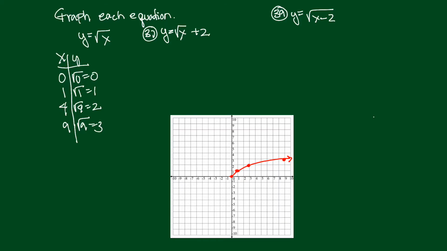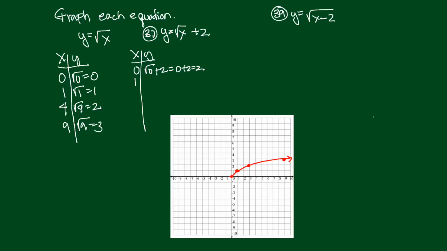Now let's take a look at this one here. Here's the basic one, right? So the output, the vertical, is the square root of the input, the horizontal, plus 2. So build a table. We don't have to do much here because we can see what it's going to do from this one over here. So what if you put in 0? Well, then you get the square root of 0 plus 2, which is 2.